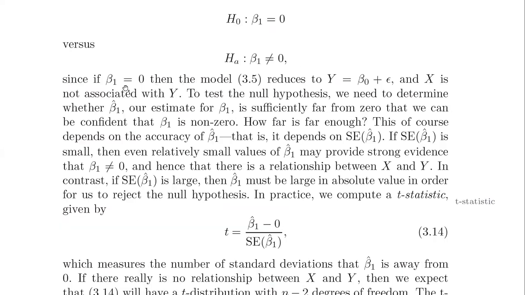Since if beta 1 is equal to 0, then the model would simply reduce to y equals beta naught plus epsilon. Notice the absence of x, so x is not associated with y. To test the null hypothesis, we need to determine whether beta 1 hat, our estimate for beta 1, is sufficiently far from 0 that we can be confident.